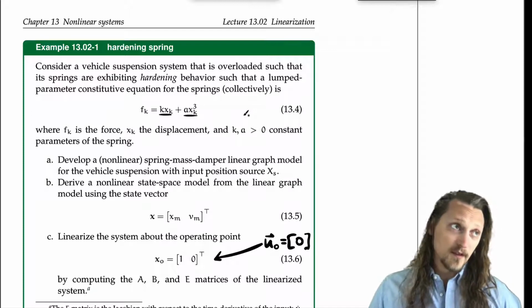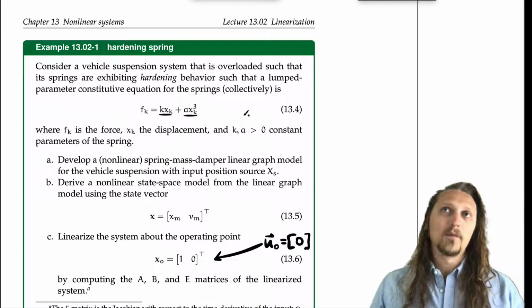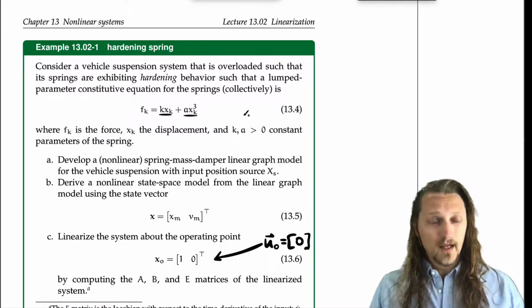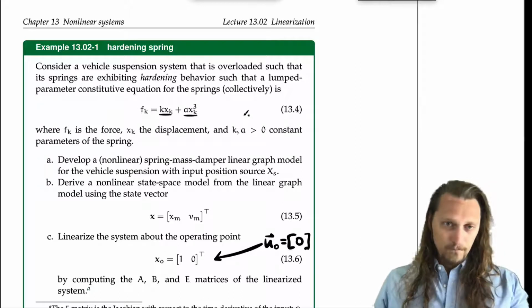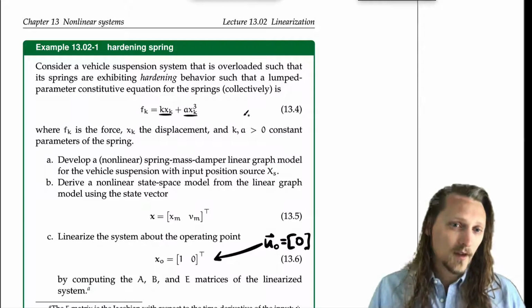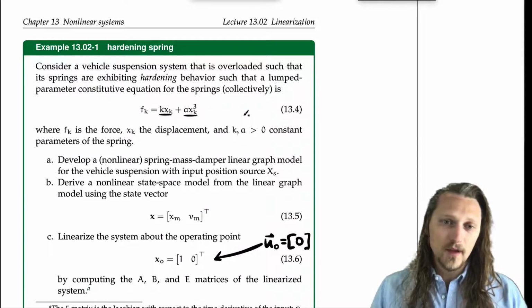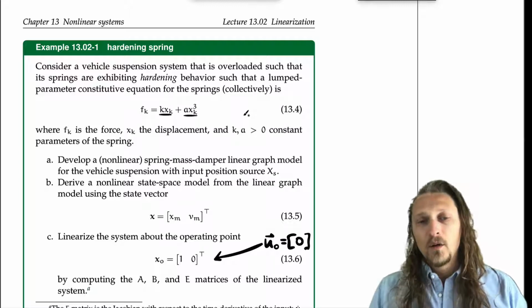Sometimes the force will not increase as fast as a linear spring would beyond a certain range. That's called spring softening. It's more common, though, to see that when you stretch or compress a spring beyond its nice linear operation, it will exhibit spring hardening, where it will get stiffer as you increase.